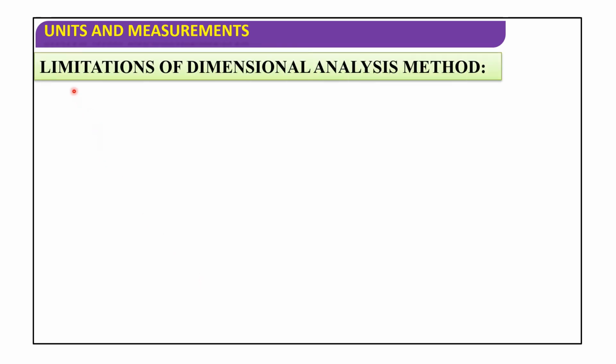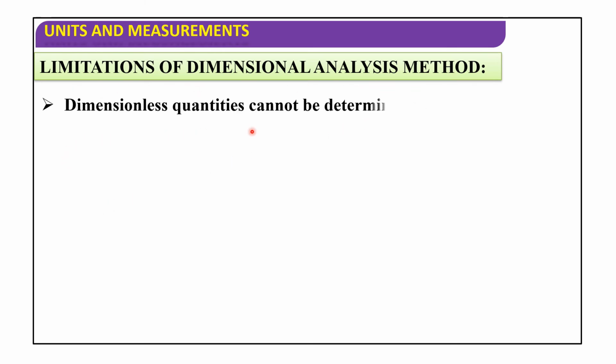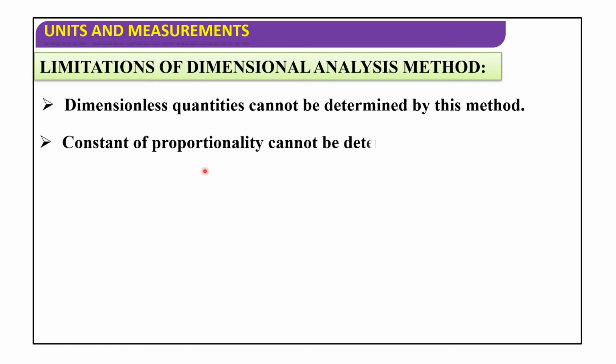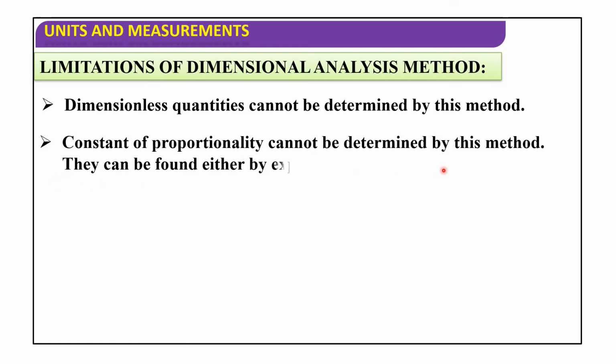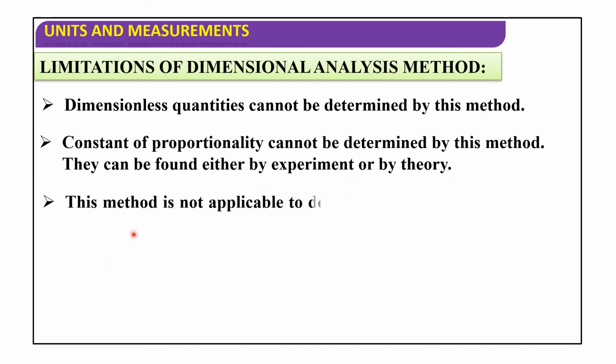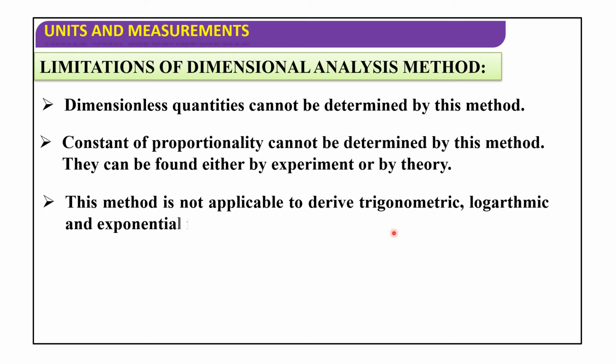Now let us discuss limitations of the dimensional analysis method. Dimensionless quantities cannot be determined by this method. The constant of proportionality cannot be determined by this method. They can be found either by experiment or by theory. This method is not applicable to derive trigonometric, logarithmic and exponential functions.